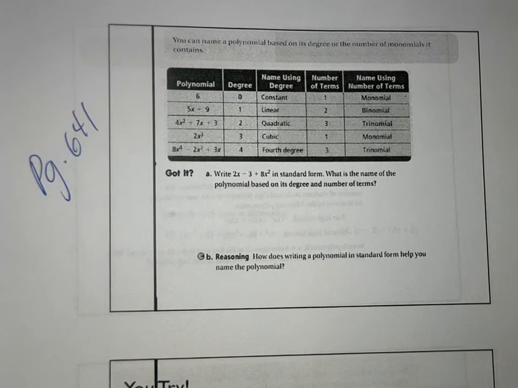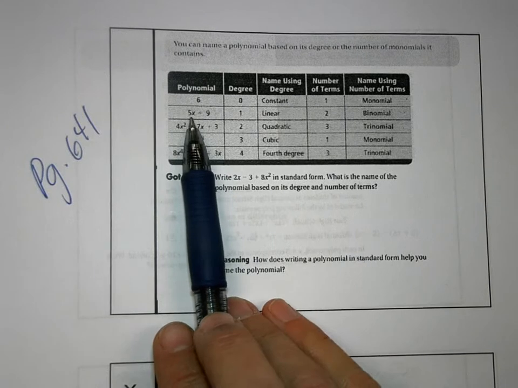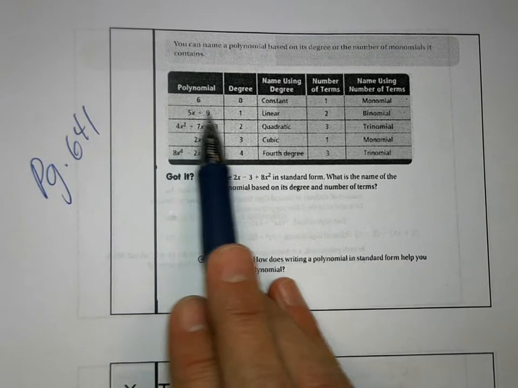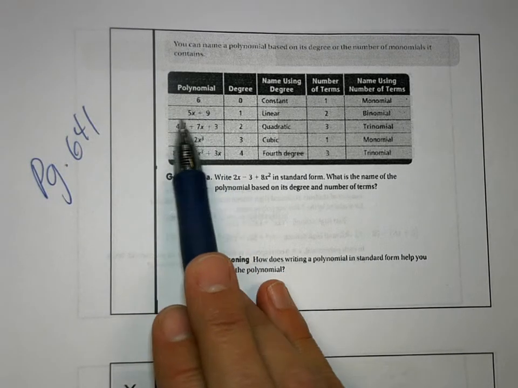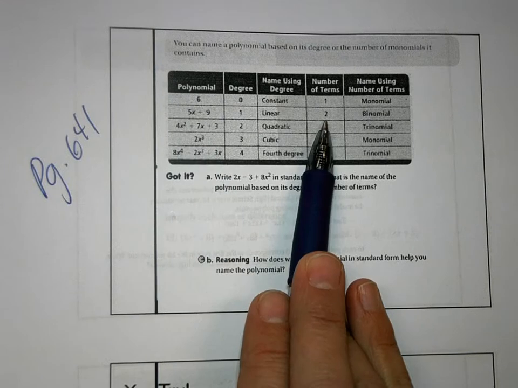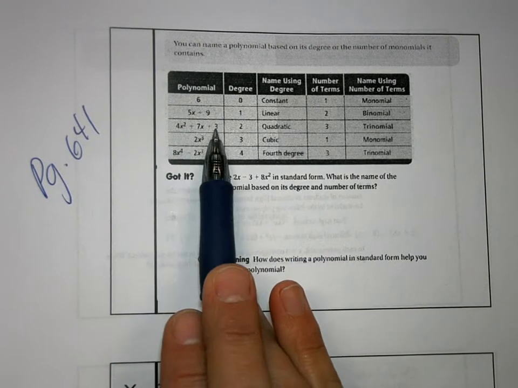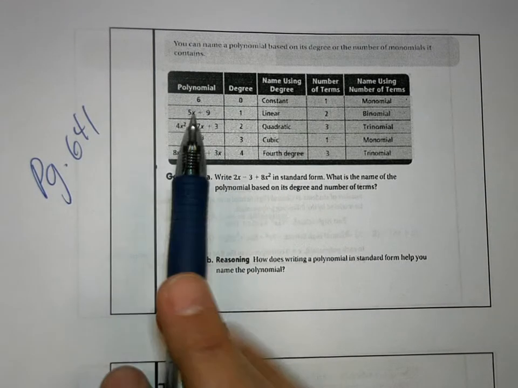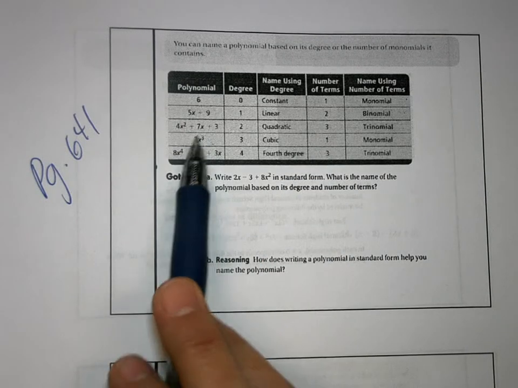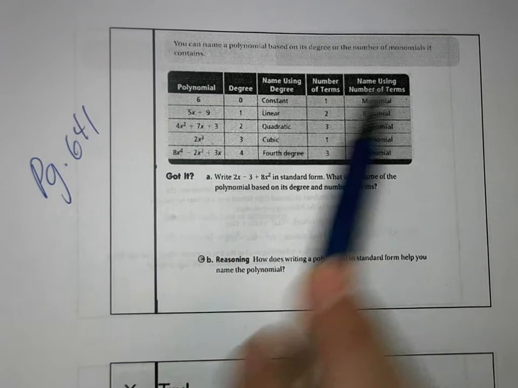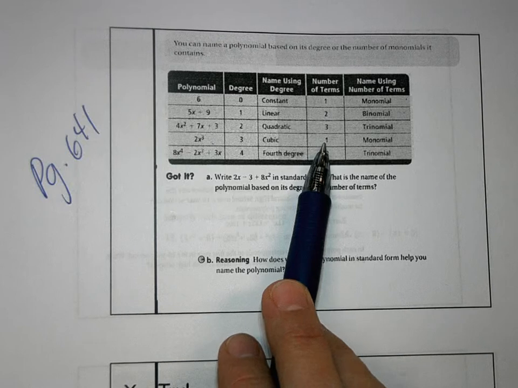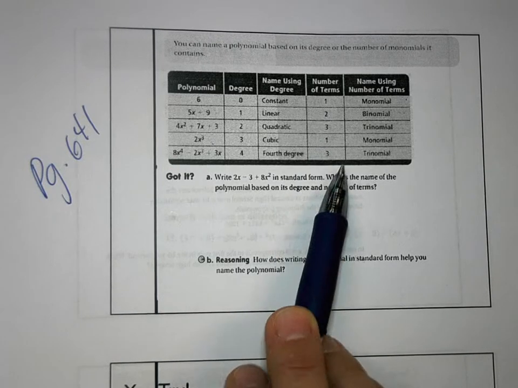You can also see the number of terms it has. See how it's separated by a plus or a minus? This has 2 terms. This one, 1, 2, 3 terms. Again, terms are separated by pluses or minuses. It has 3 terms. There aren't any pluses or minuses separating different terms. This one, 1 term, 3 terms. We good?